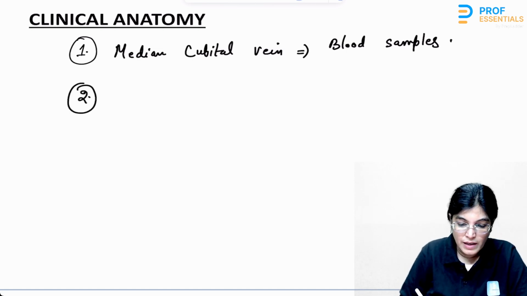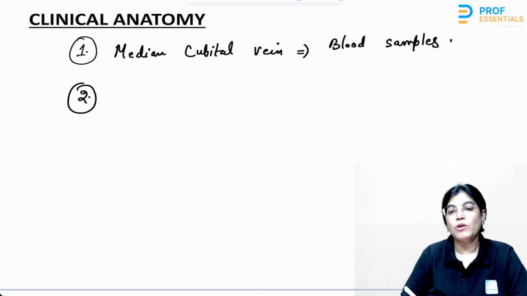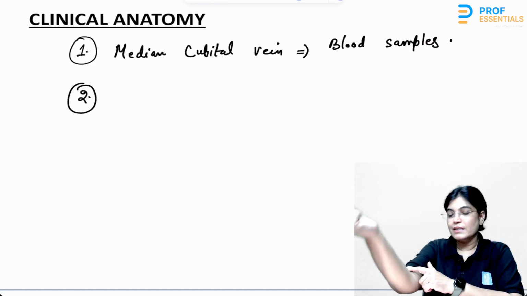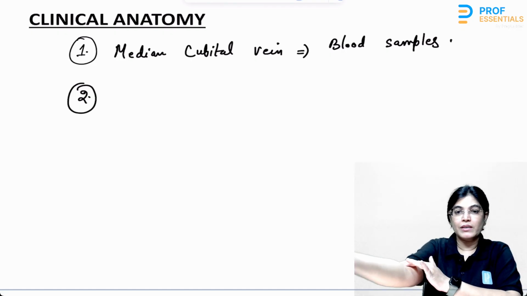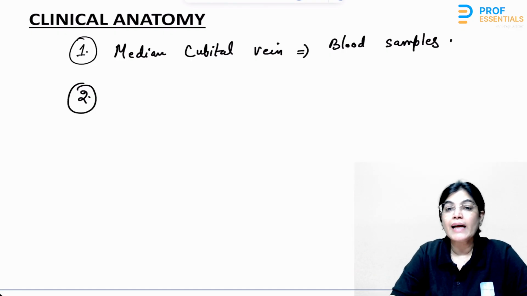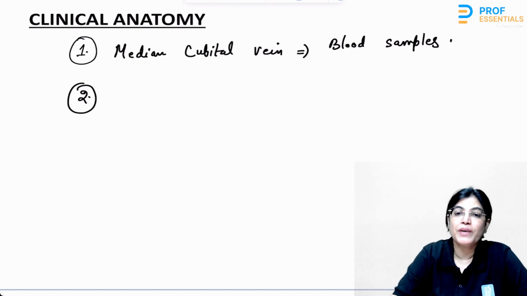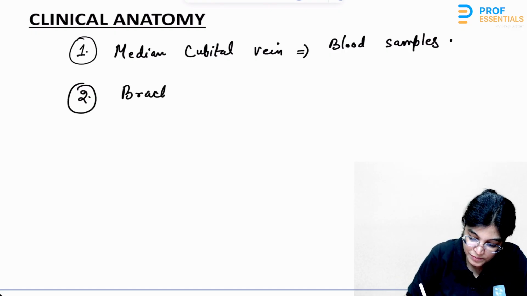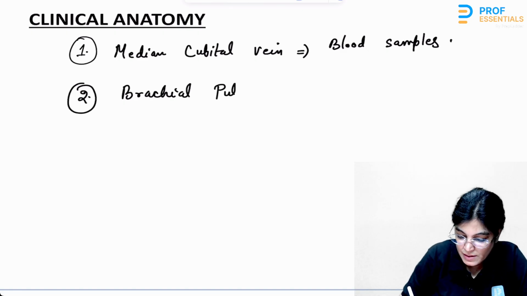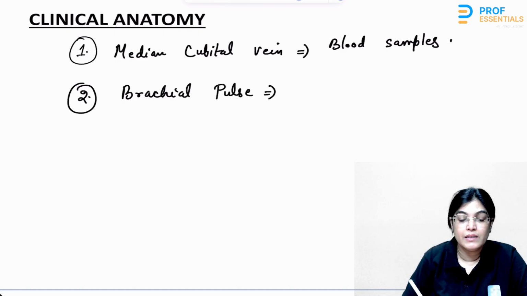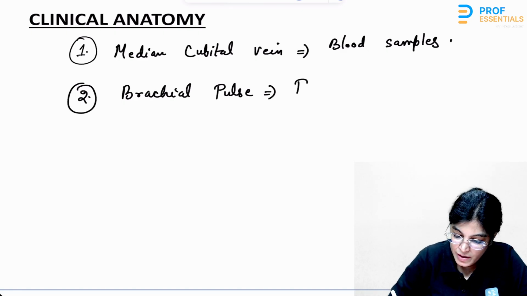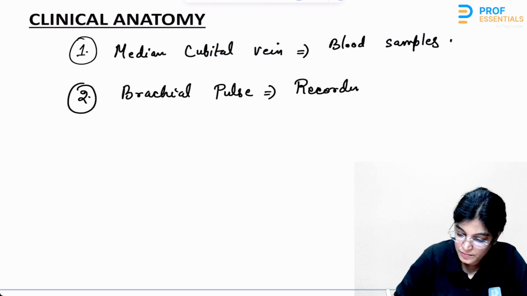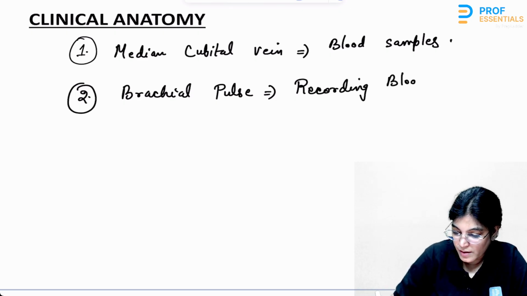Also, if you flex, you can palpate by your fingers the biceps tendon, and just medial to the biceps tendon we have the brachial artery. So that is the brachial pulse. The brachial pulse is taken here for recording blood pressure.